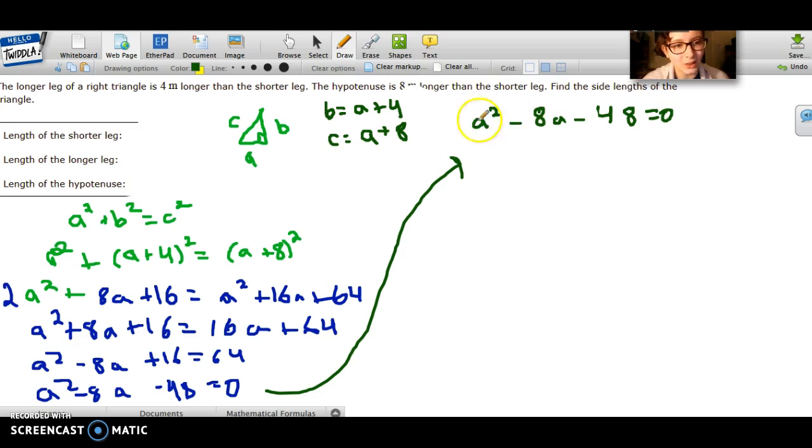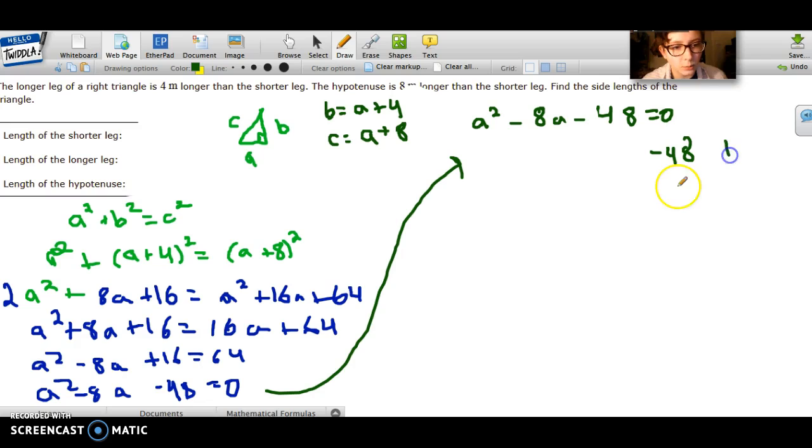So now we're going to solve this equation by factoring it. We want to find two numbers that multiply to negative 48 and add to negative 8. So we know we're going to have a negative number and a positive number, and the bigger number is going to be negative because of our terms here. So let's find numbers that multiply to 48.